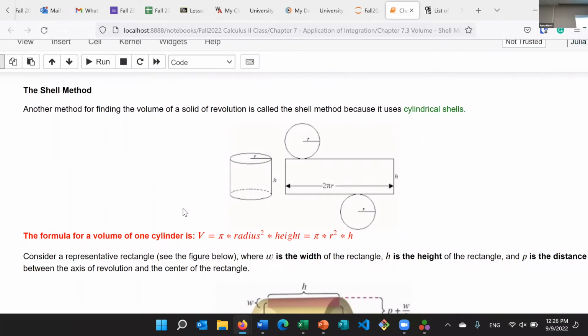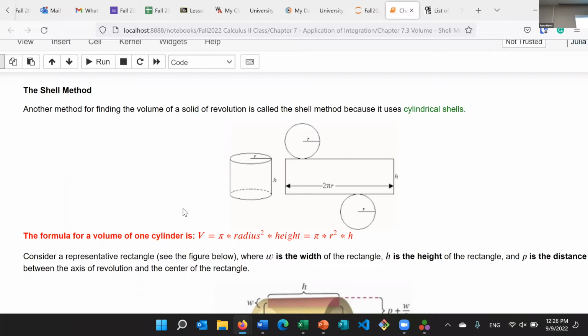How do you find the volume of a cylinder? If you want to find the volume of a cylinder, what do you do? Because this part right here is a circle. So if I open this one up, what is my length here? What is my length? That is the same as what? Circumference of a circle. Is everybody with me?